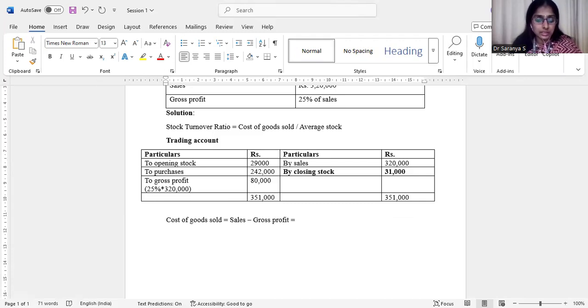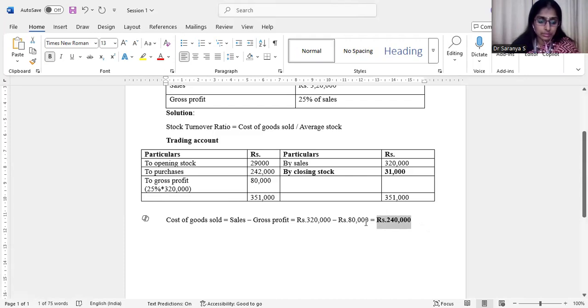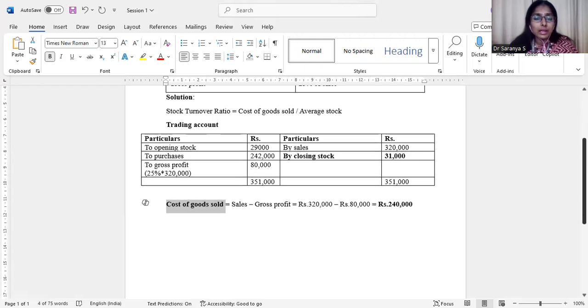Sales is rupees 3 lakh 20,000 and gross profit is rupees 80,000. So 3 lakh 20,000 minus 80,000 gives 2 lakh 40,000. So the cost of goods sold is 2 lakh 40,000.